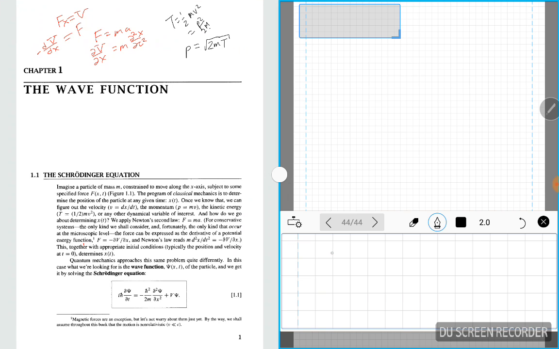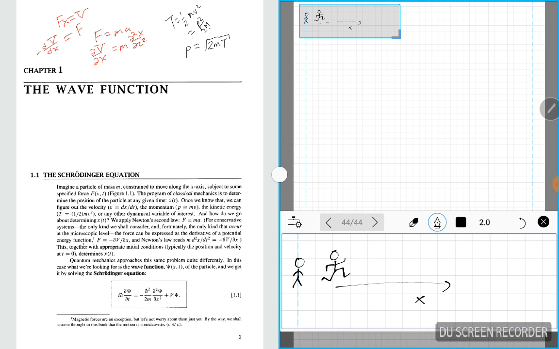So if we had some particle or something, and it is in motion along one axis, then it's going to have a force. A force is what caused the motion.